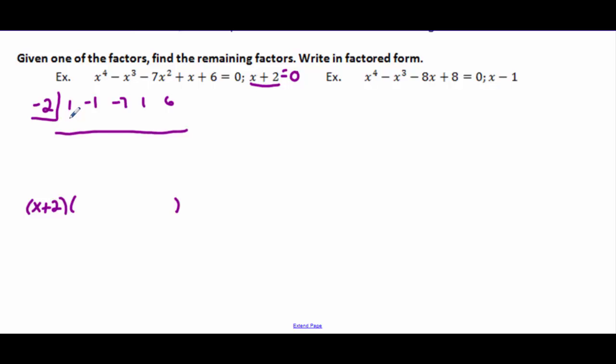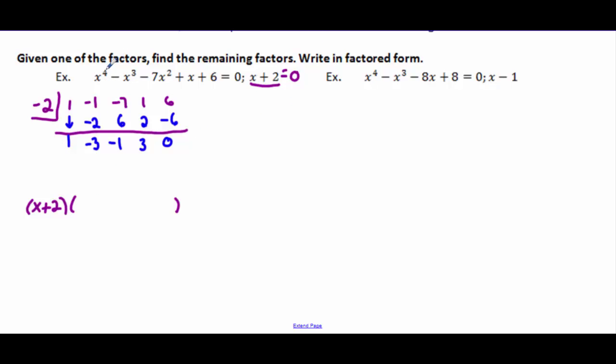So synthetic division is where we drop the first number, we multiply, add, multiply, add, multiply, add, multiply, add. And if you're unfamiliar with synthetic division, then you can find other videos, like I have a video on my channel of just synthetic division, or you can Google it to find other videos on just that.